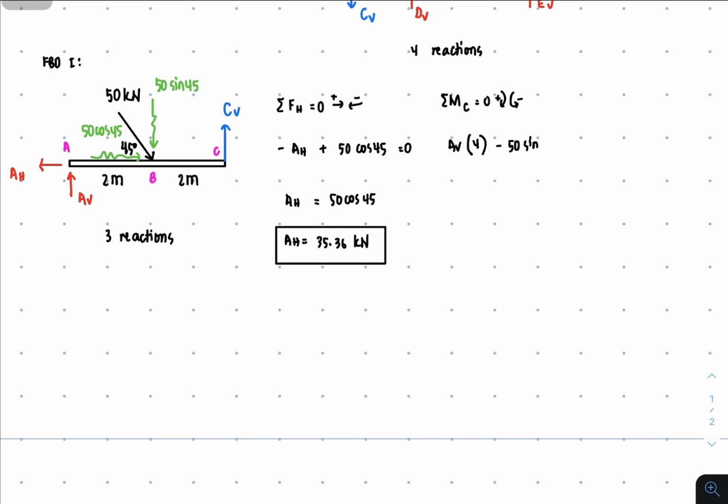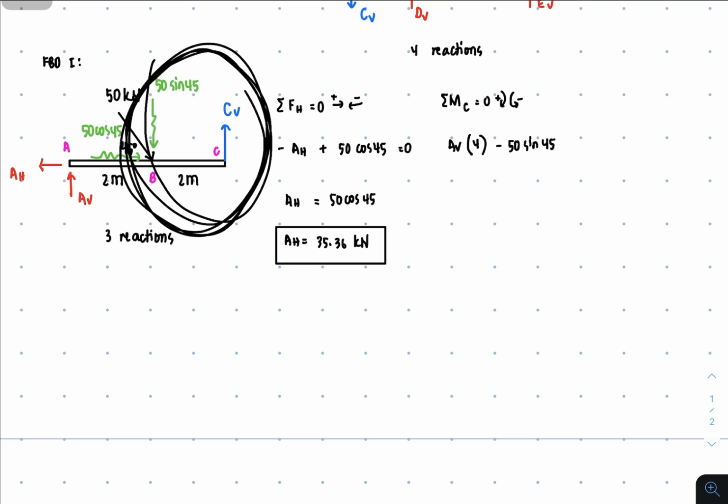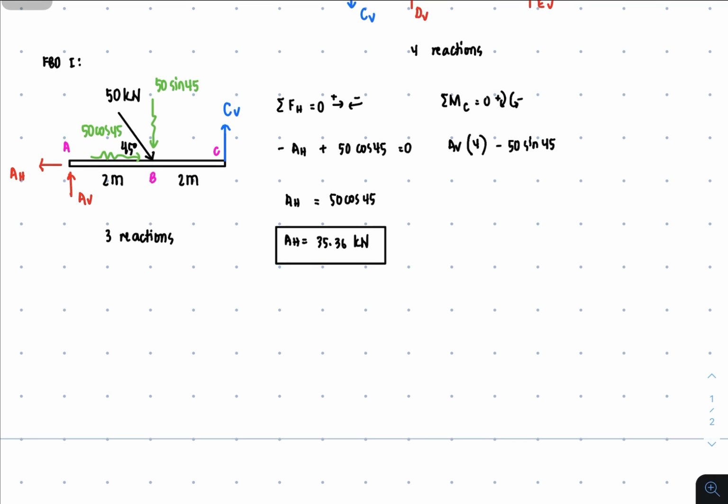So actually it's downward and it's gonna rotate this way. So it's counterclockwise because it's downward and it's rotating about point C. So it's negative 50 sine 45 times the distance is 2, and then that's equal to 0. So transposing the constant to the other side, it will give us 50 sine of 45 times 2 divided by 4.